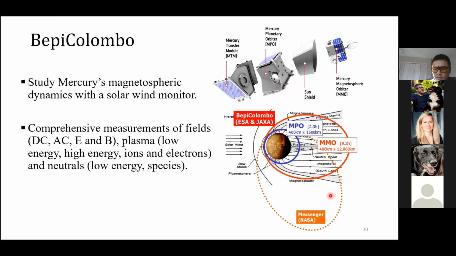And the other is MMO, the Mercury Magnetospheric Orbiter, which is designed to investigate the magnetospheric dynamics of Mercury's magnetosphere. And MMO carries comprehensive measurements of the field, plasma, and even neutrals.